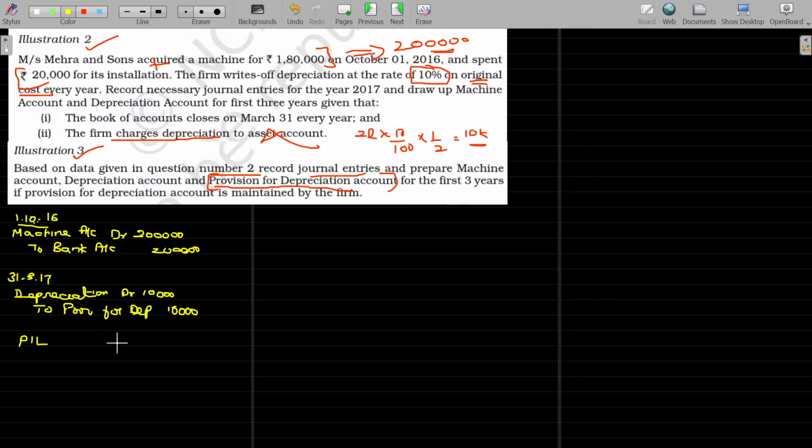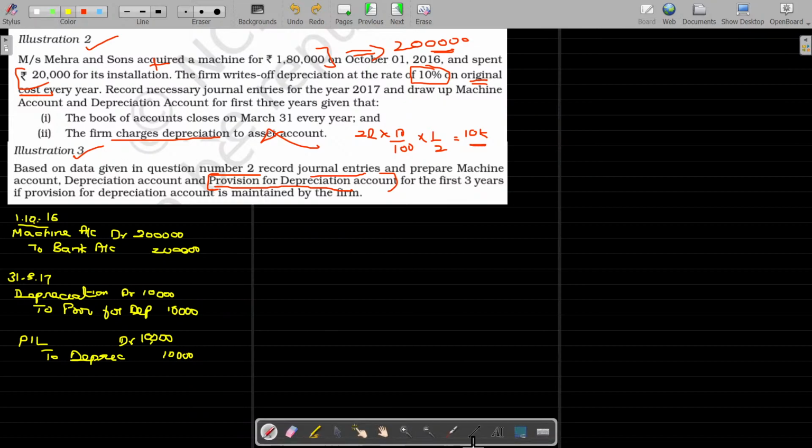So profit and loss account debit to depreciation, the value being 10,000. This one is over. The next year repeat the same entry again and again. That's all. 31/3/2017.